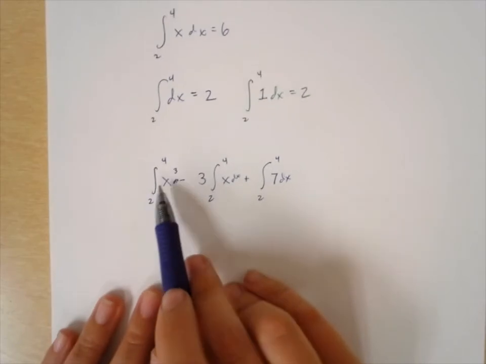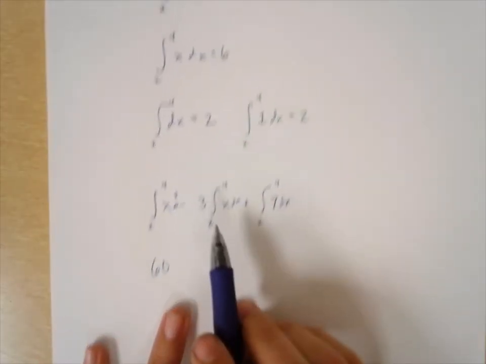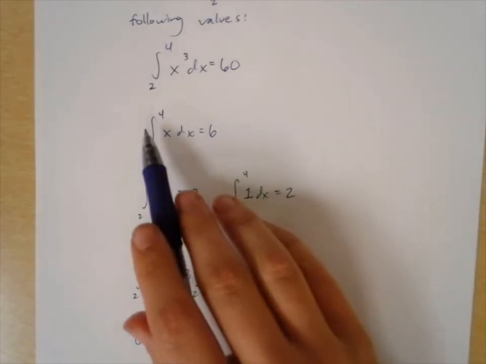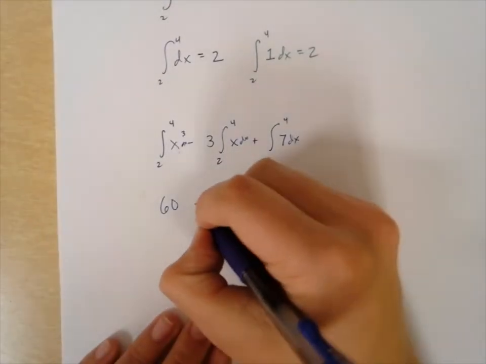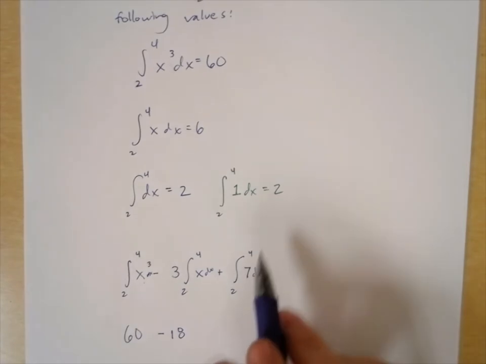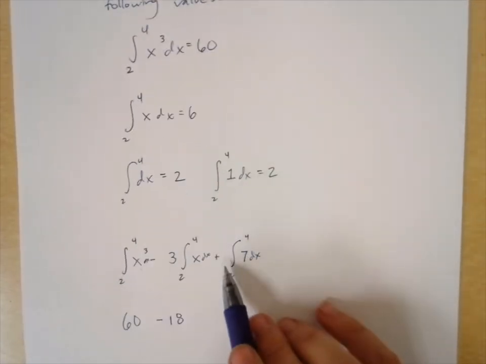We know this one was given to us. It was just 60. So we're going to say 60. And now we're doing 3 times the integral of just the x. The integral of the x is 6. So 3 times 6 is 18. So we say minus 18. And then here, we know the integral of 1 is 2. And here we're trying to take the integral of 7.